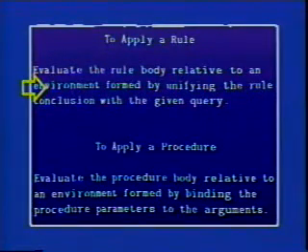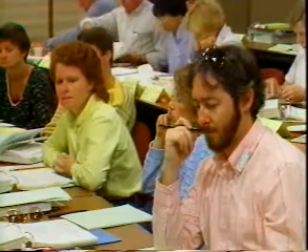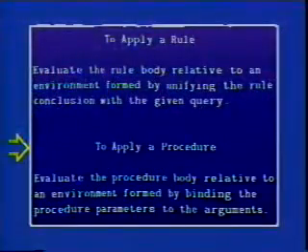What does it mean to do some processing relevant to an environment? That's what we've been calling evaluation. So we can say the way that you apply a rule is to evaluate the rule body relative to an environment that's formed by unifying the rule conclusion with the given query. And the thing I want you to notice is the complete formal similarity to the metacircular evaluator, or the substitution model.